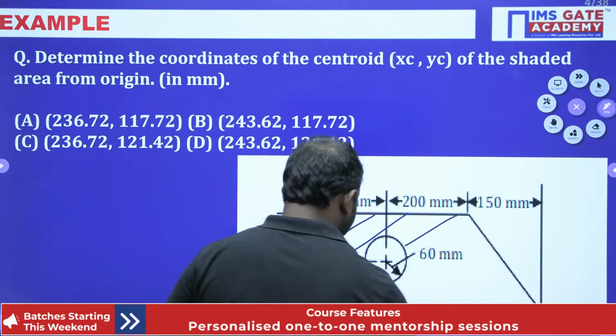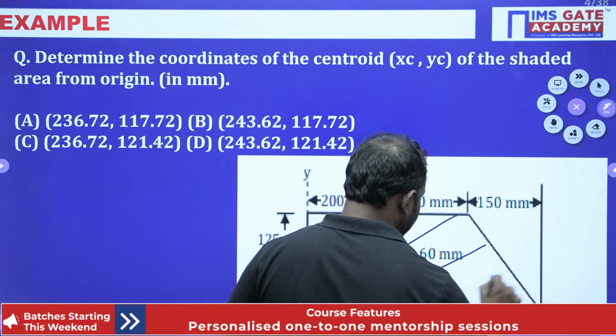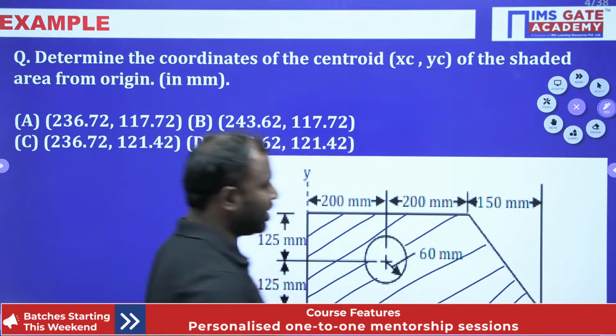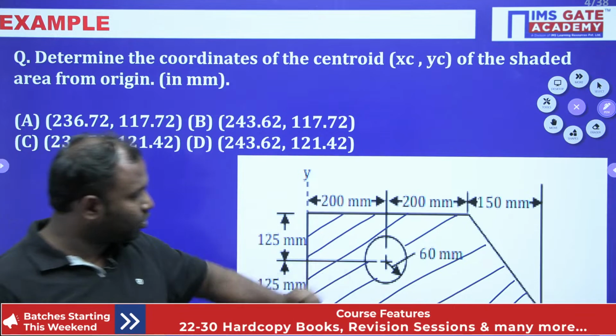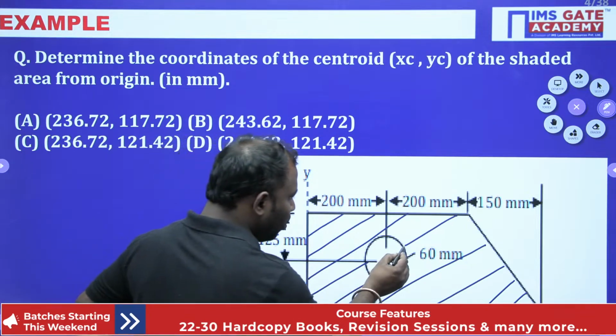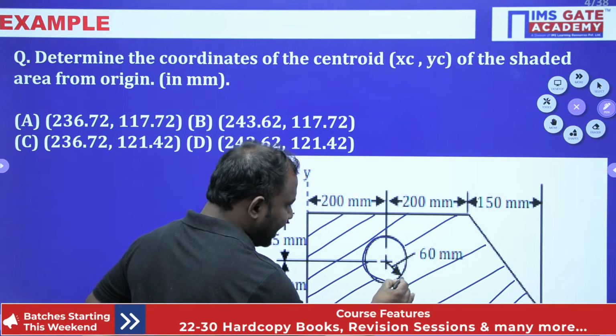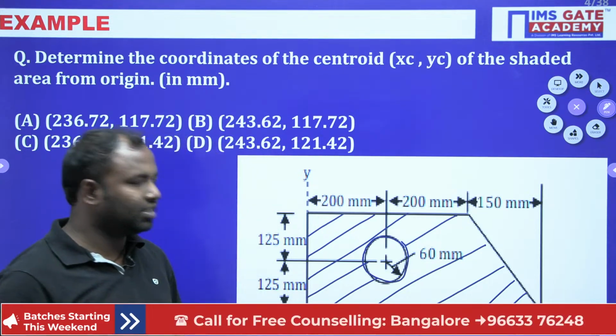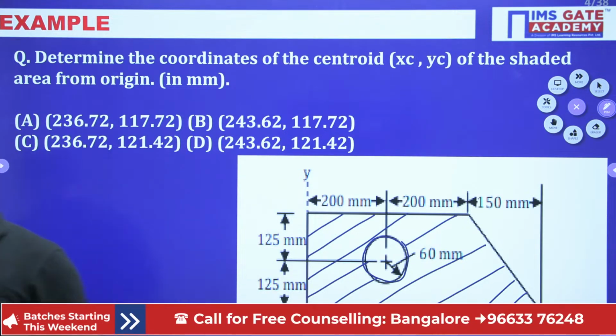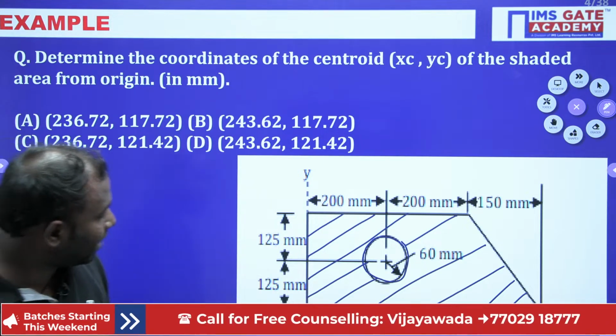We need to find the centroid of only the shaded portion. In that we have a hole, and the hole radius is given, that is 60 mm.